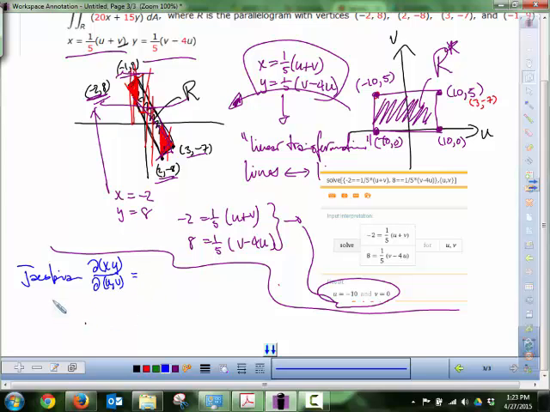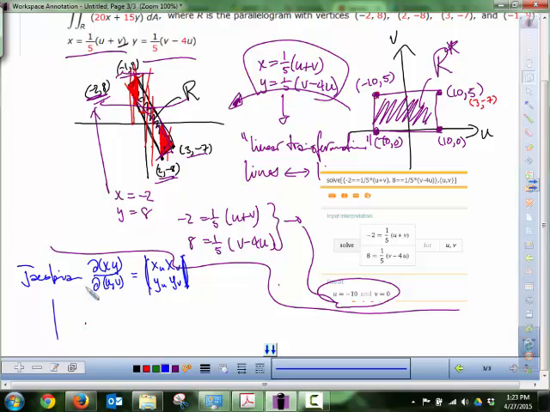And this is going to be the determinant of a 2 by 2 matrix that has the partials of x with respect to u. Can I just write x sub u and x sub v to say the partial with respect to u and with respect to v, y sub u, y sub v, and the determinant of that.